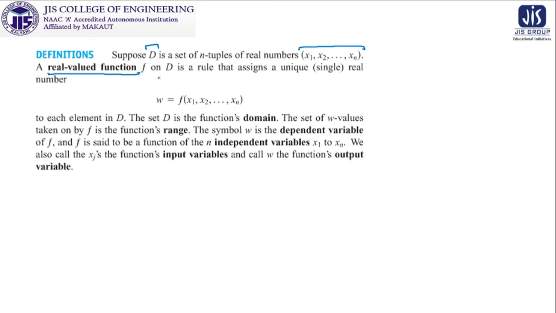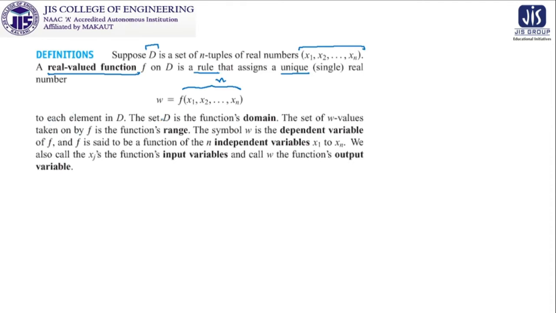A function f on D is a rule that assigns a unique real number. This is very important: unique real number. This real number is denoted by w, and the whole notation is f(x1, x2, ..., xn). So how many independent variables do you get here? It is n. n may be equal to 2, n may be equal to 3, or n may be anything more than that.